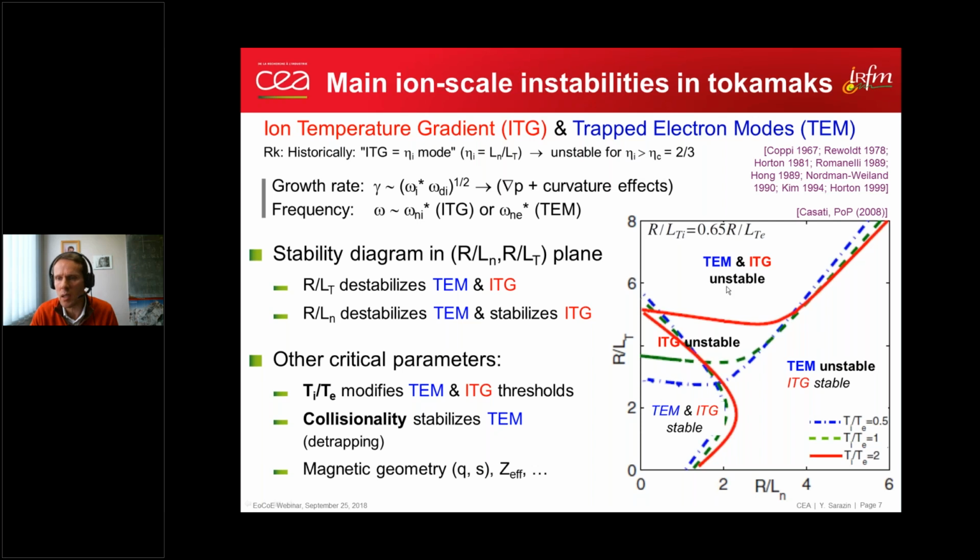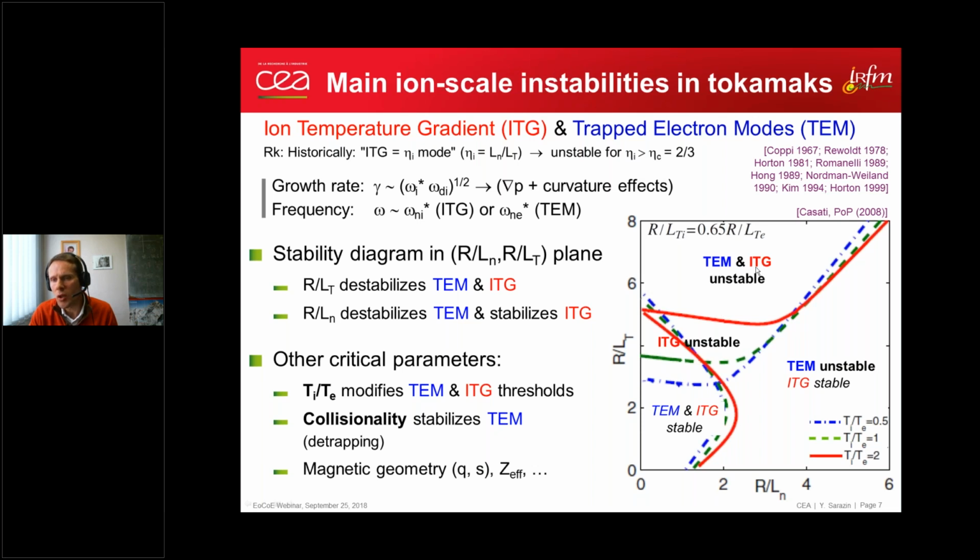What you can see is that the TEM can become unstable by increasing either the density gradient, R over Ln, or the temperature gradient, R over Lt. R is the major radius, Lt is the gradient length of the temperature gradient.